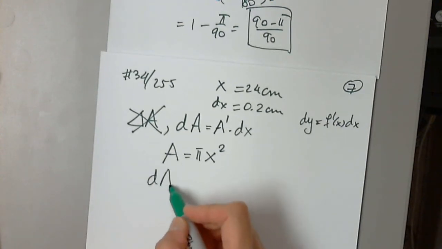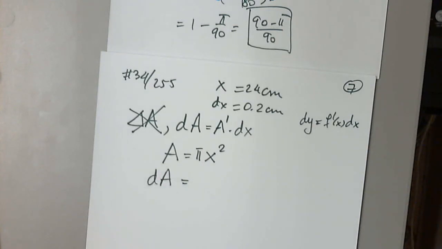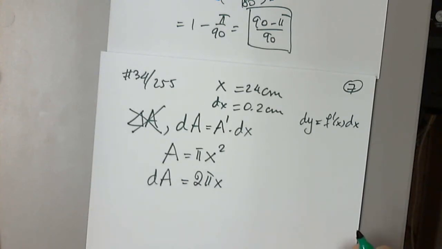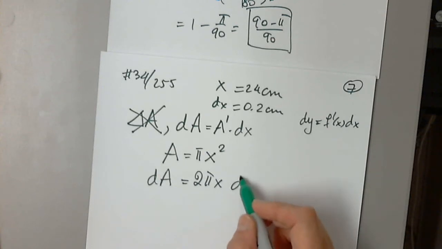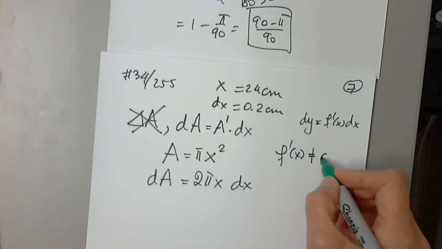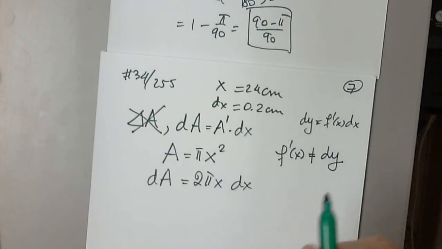So can anyone give us dA? 2 pi x, of course. Please do not confuse f prime with dy. They're not the same.